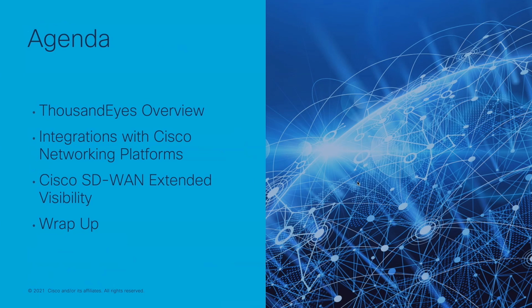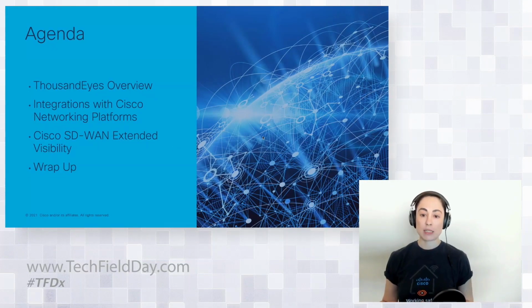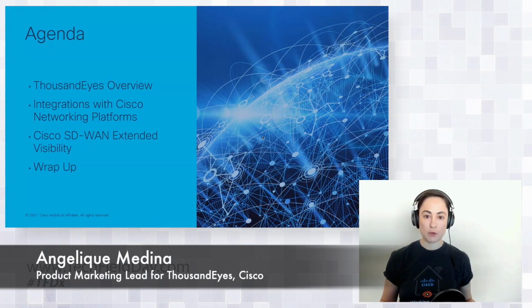And then we'll jump into the specific platforms that we announced recently and what that integration looks like. And then we're going to spend the bulk of our time looking at examples and specific scenarios of how ThousandEyes augments Cisco SD-WAN visibility, and we'll do that from within the product.